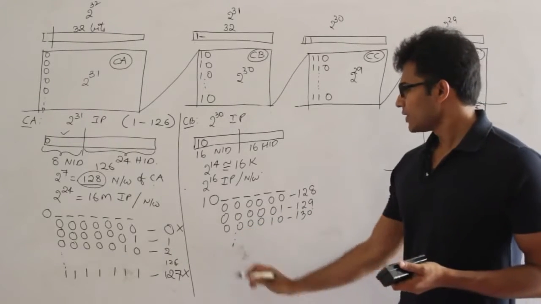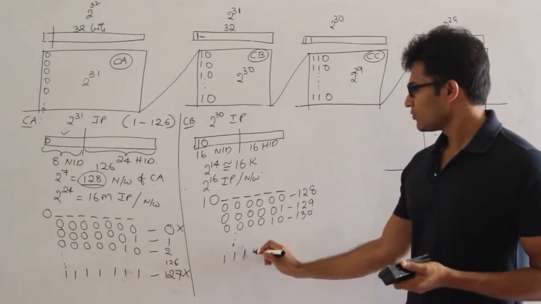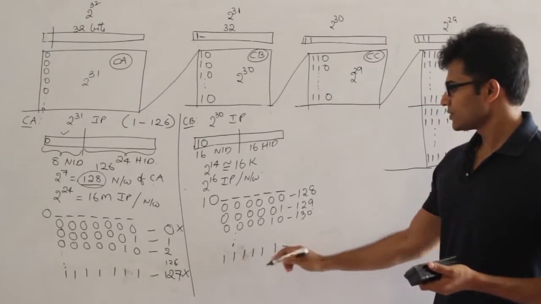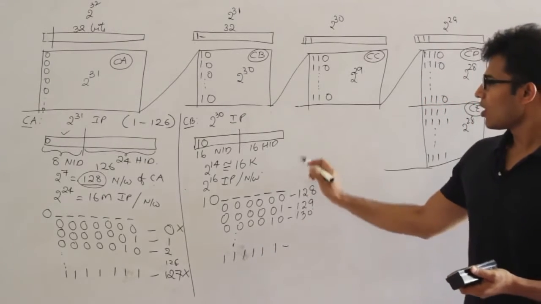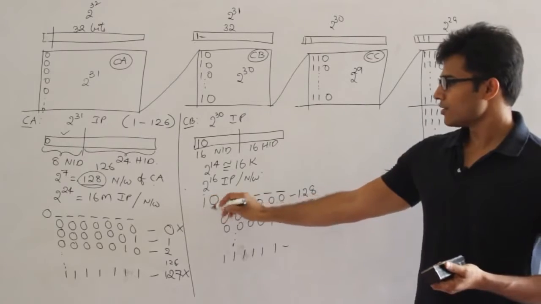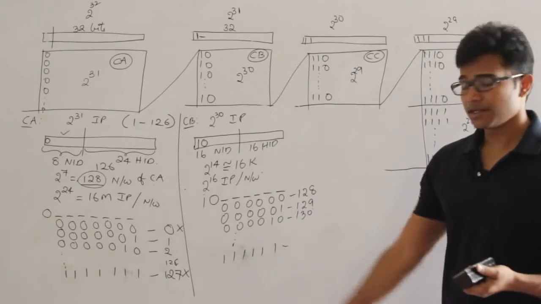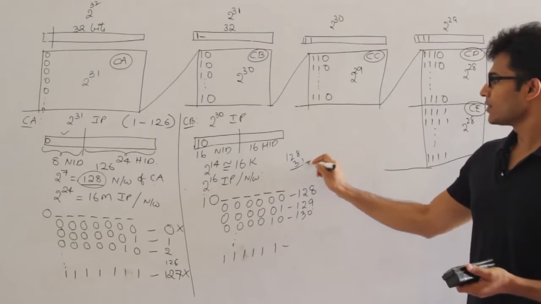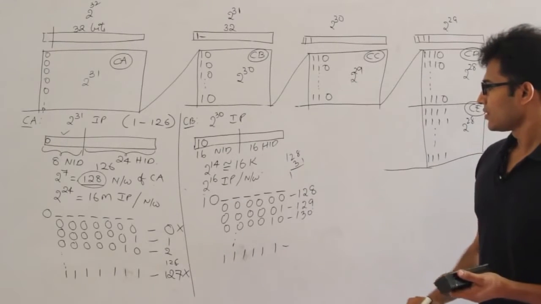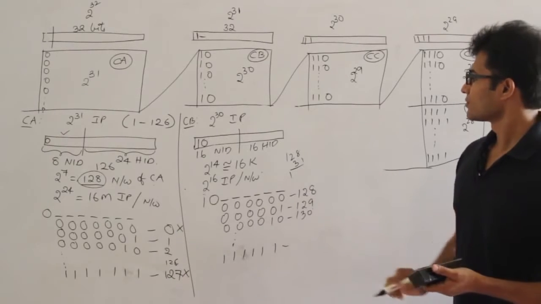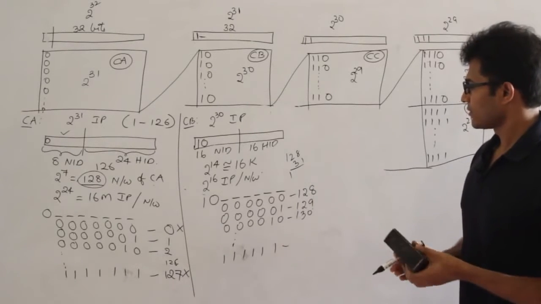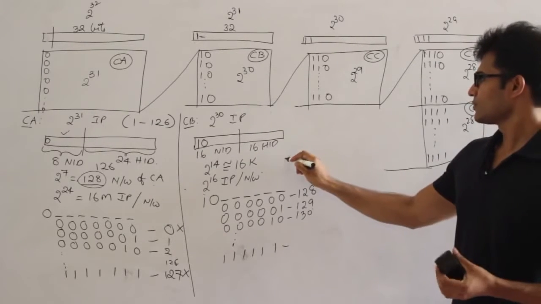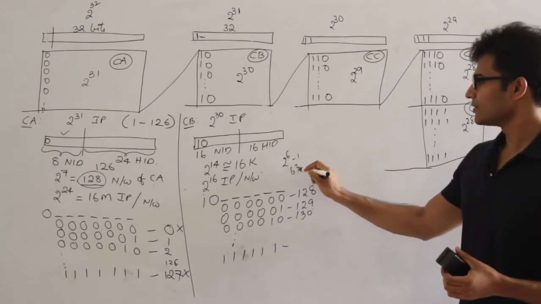And so on. The last one is 6 ones. Already we have 128 as the weight of the first bit, and there are 6 bits here. One second, 6 ones is not 31. 6 ones is 2 power 6 minus 1, which is 63.